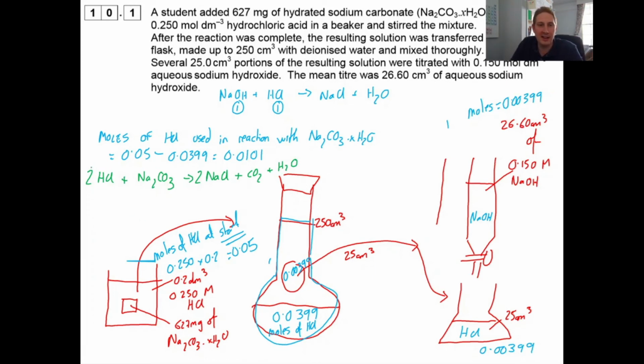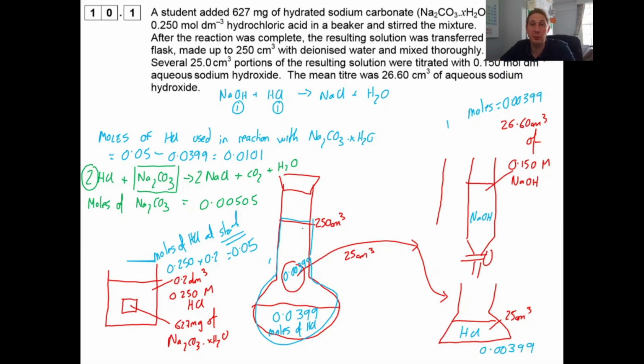But the key thing here is that 2 of those reacted with 1 lot of sodium carbonate. So therefore the moles of Na2CO3 equals half of this number, 0.00505. So that's the number of moles of sodium carbonate.